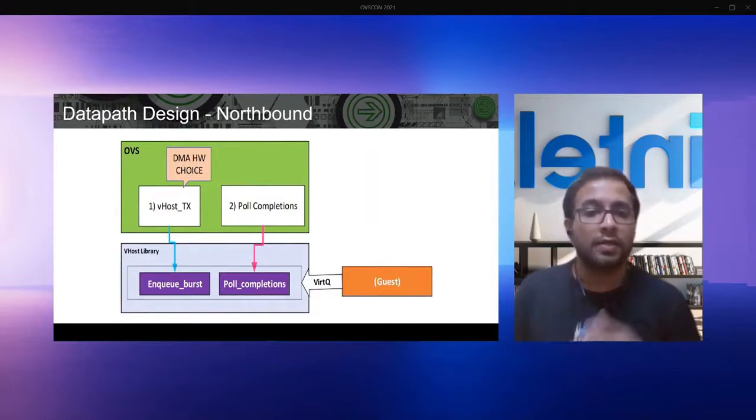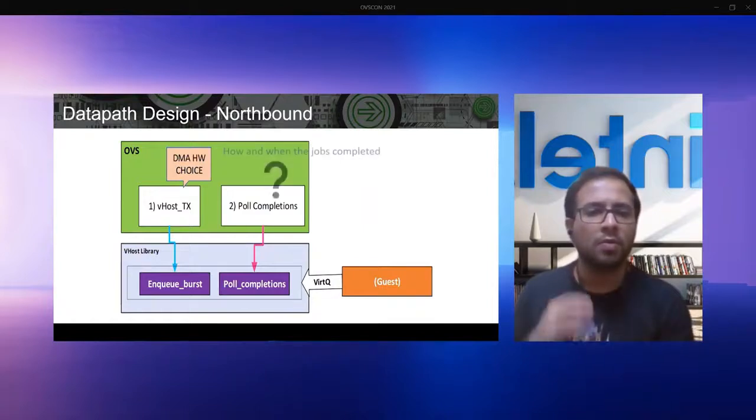Let's take a look at the northbound part now. That is, DMA offload the packets flowing from the host onto the VM. OVS here again has the flexibility to choose the DMA device and provides this information to the vhost library, so it can take care of enqueuing the packets to the DMA.